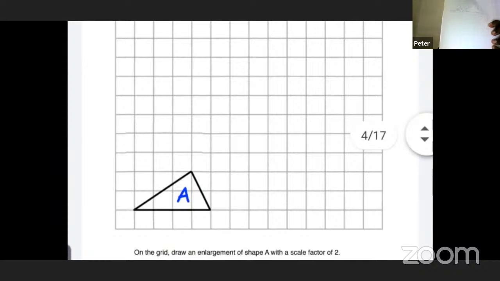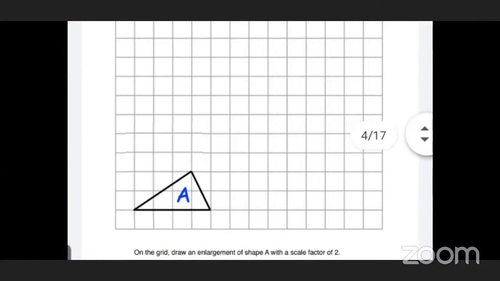Miss, can you see Peter showing you his work? Is that pinned to the screen? Hold on. Who was showing the work just now? Oh, let me see it again.